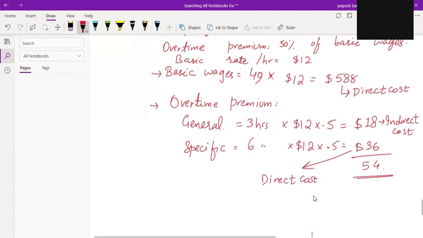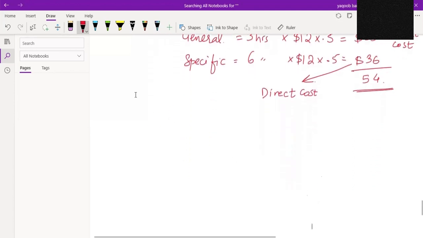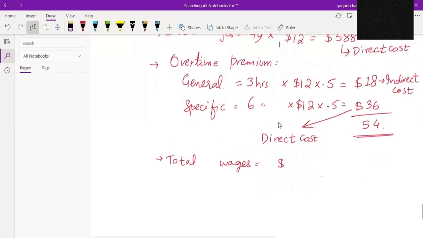Next one is total wages. Total wages is equal to basic wages plus overtime premium.